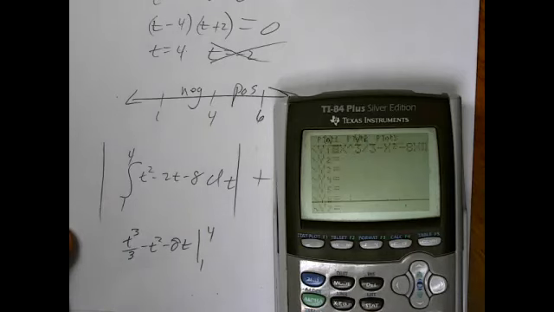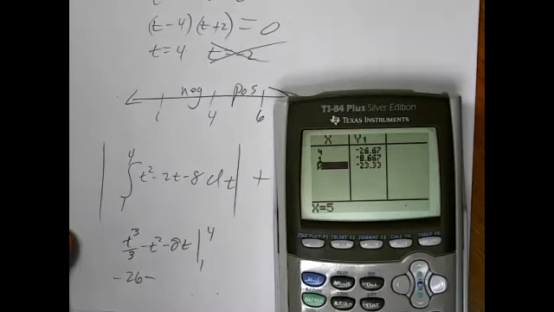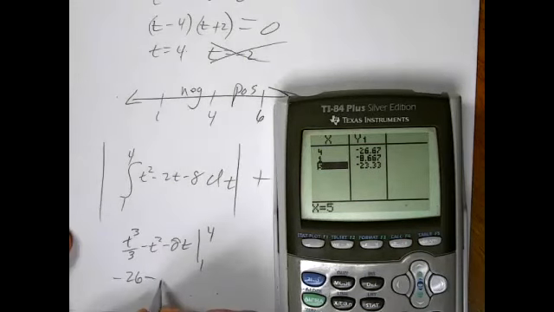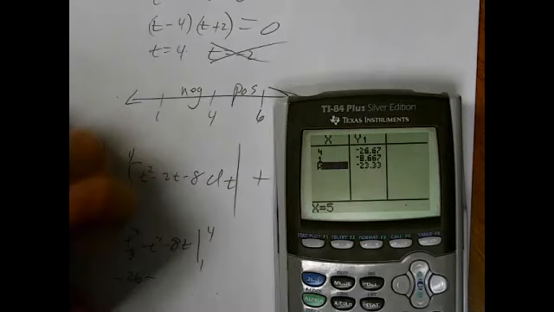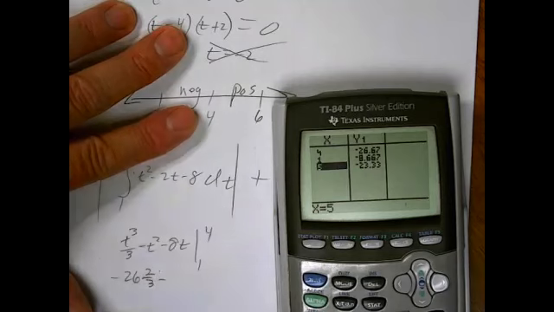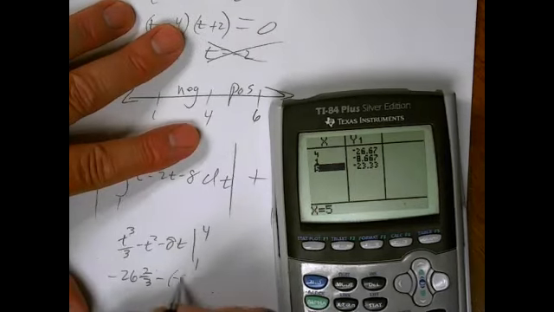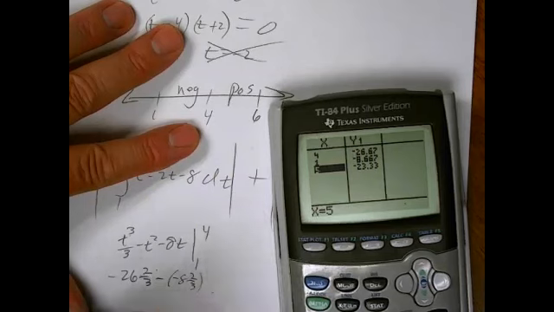Go to the table, evaluate it at 4, evaluate it at 1, and you're going to get a negative 26 and 2/3, minus a negative 8 and 2/3.